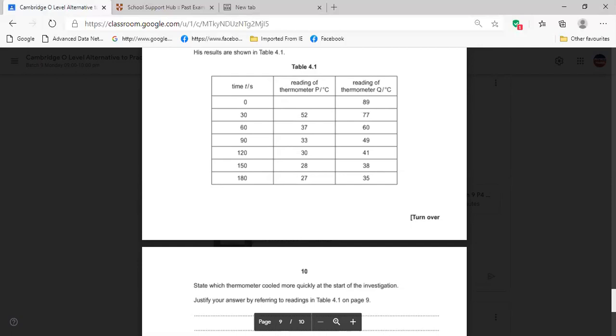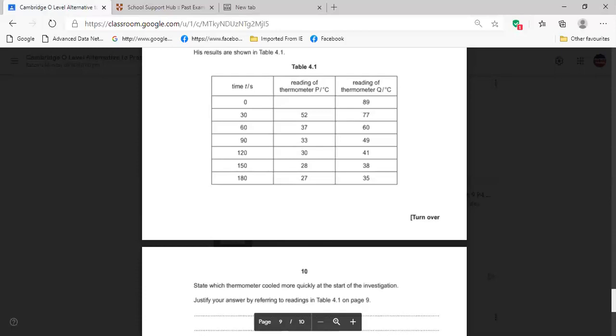Which one are you choosing, P or Q? Which thermometer cooled more quickly? So, what is your answer? I wrote Q because the rate of decrease of the reading is faster than P.